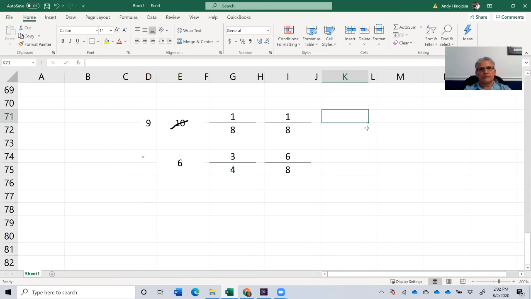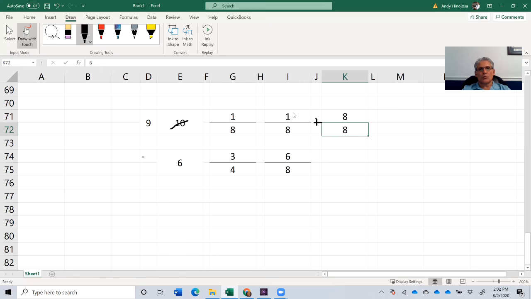What do we know? We know we have 1. Well, 8/8 is equal to 1. So we created the number 1 in fractional form using that denominator, 8. So now we're going to take 1/8 and add to it 8/8.